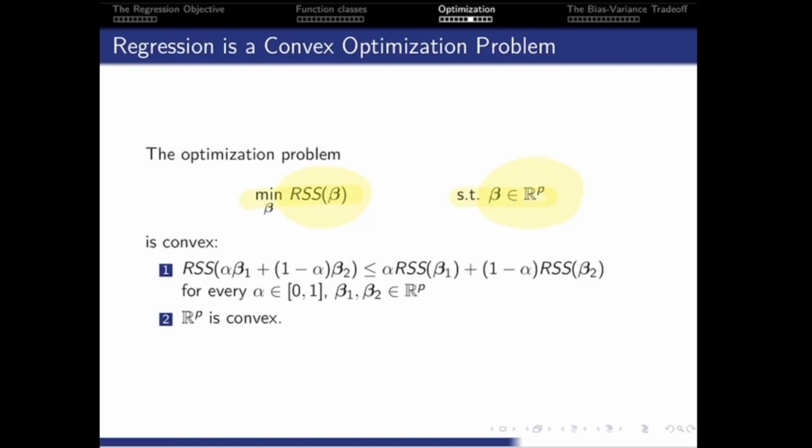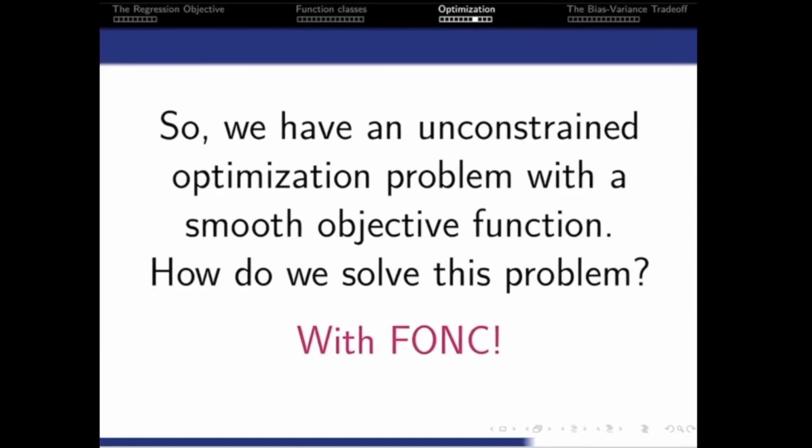This is given because the function is convex, as we have shown on the previous slide. Let's assume we have shown it. And the space R to the power of p is of course convex. So we have an unconstrained optimization problem with a smooth objective function. How do we solve this problem?